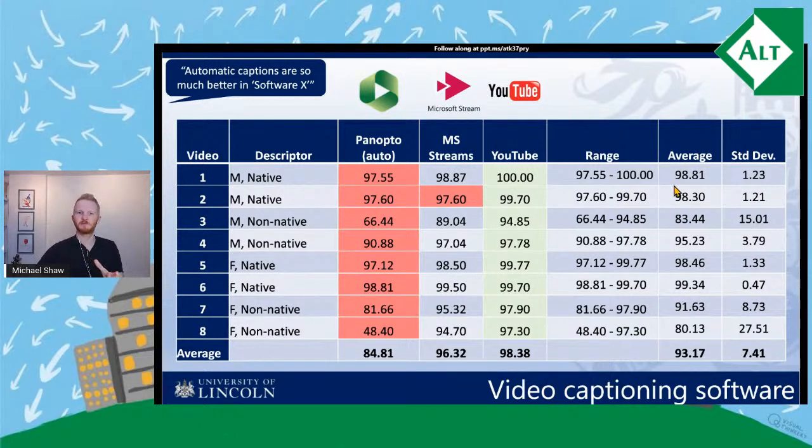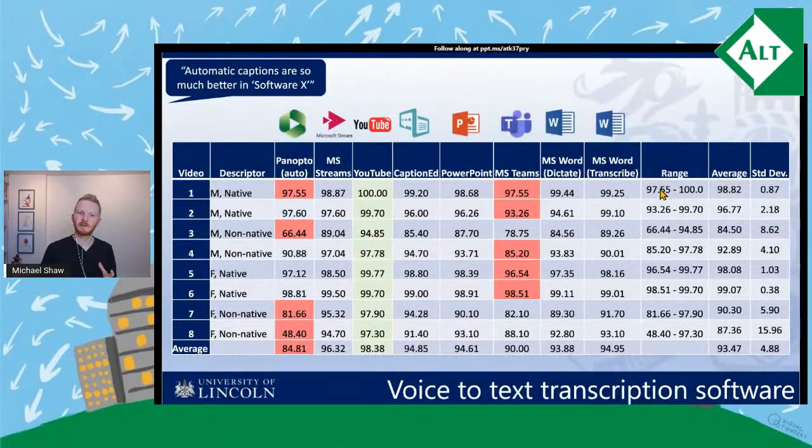So let's expand this data out then to include more voice-to-text services. We're now seeing data from those 3 video platforms, but also CaptionEd, a paid captioning service, PowerPoint live captioning, which I'm using right now, live captioning in Teams, and 2 voice-to-text services that are within Microsoft Word: Dictate, which transcribes your voice in real time, and Transcribe, which works on MP3 files.